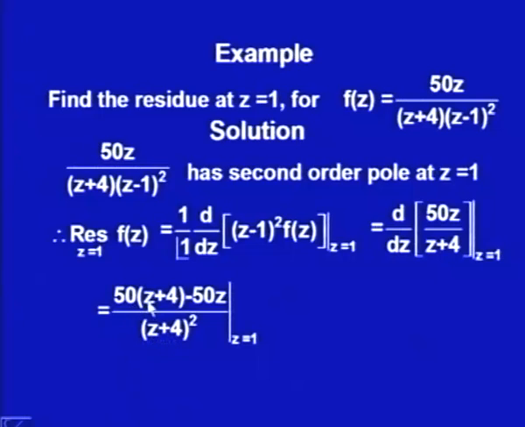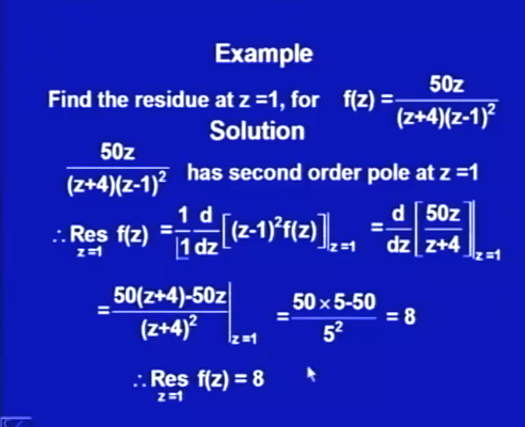When I put z equal to 1, I get 50 into 5 minus 50, or you could say the 50z terms cancel out, and you get 50 into 4 divided by 5 whole square. So that is 25 into 4 divided by 25, and you get 8. So the residue at z equal to 1 is 8.